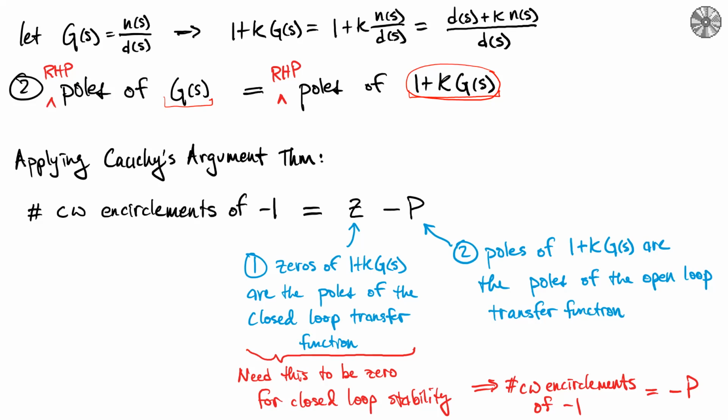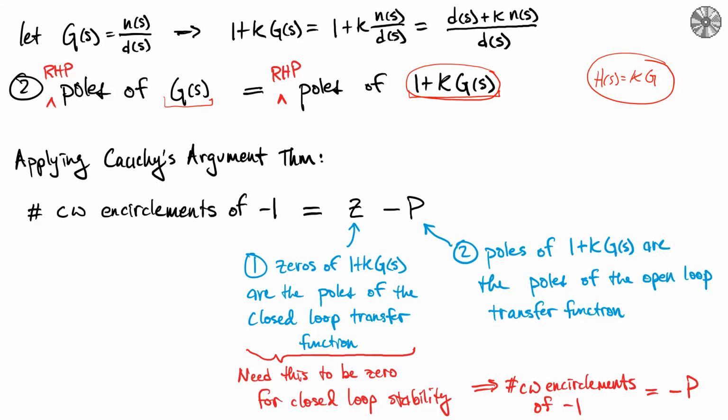And so Cauchy's argument principle uses information about the zeros and about the poles of h of s. And h of s we decided was going to be k times g. And so now it's important to understand the poles and zeros of this.